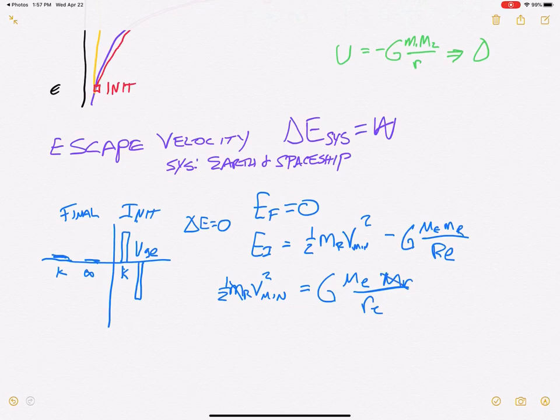What's nice about this is, we'll finish this, v minimum is going to be equal to the square root of 2 big G mass of the Earth over the radius of the Earth.